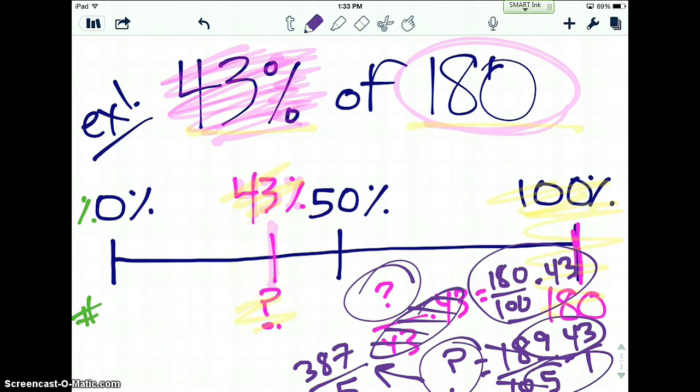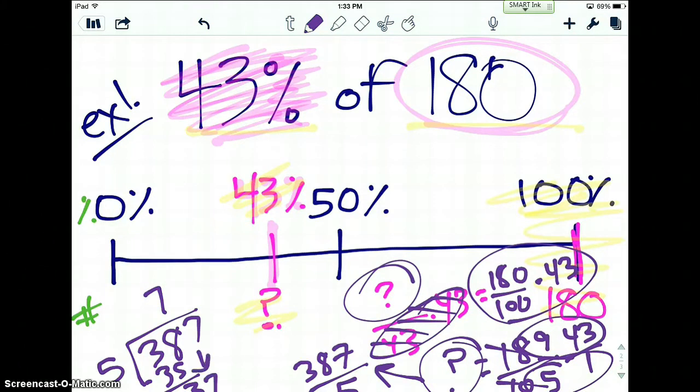So my improper fraction of 387 divided by 5, and I do some long division here. 5 goes into 38 7 times, and 5 goes into 37 7 times again. But I have something left over, so I'm going to go ahead and write it as a mixed number.